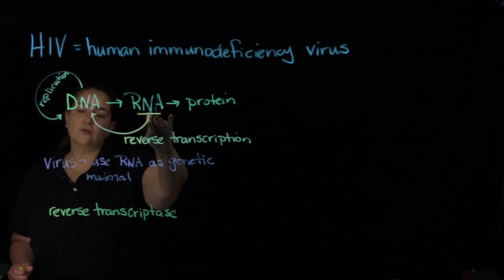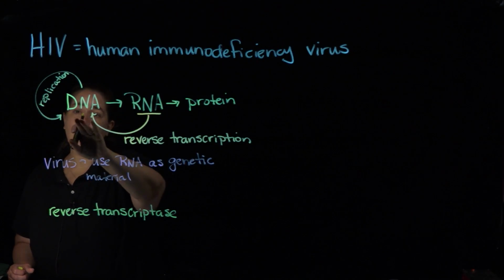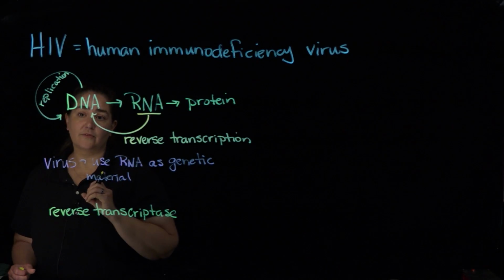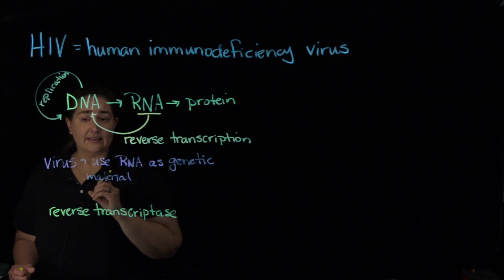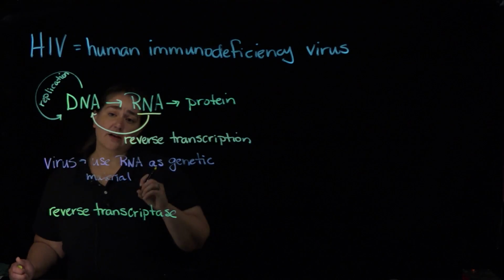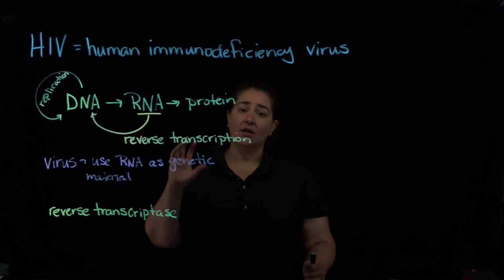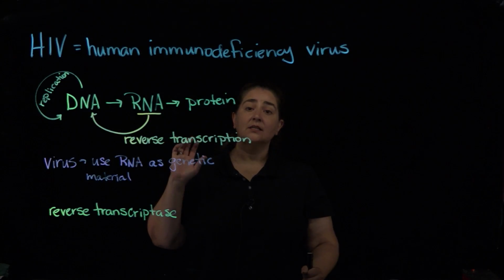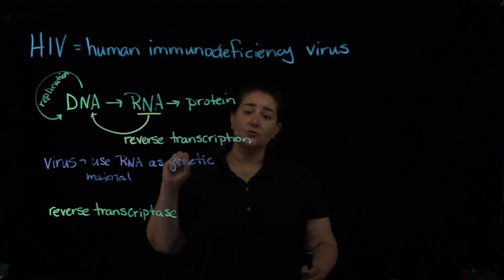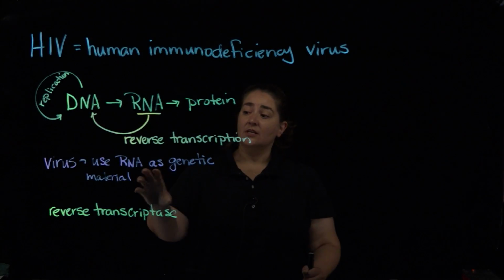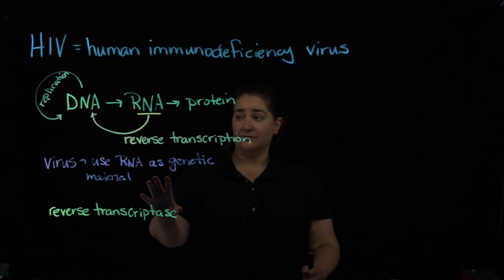That reverse transcriptase converts the RNA of the virus to DNA. And now what that virus can do is it can take advantage of the host cell's cellular machinery that runs transcription and translation to make more viral particles, okay?